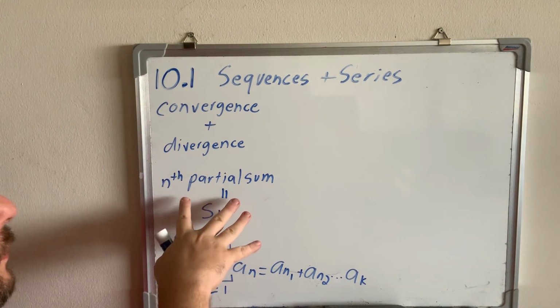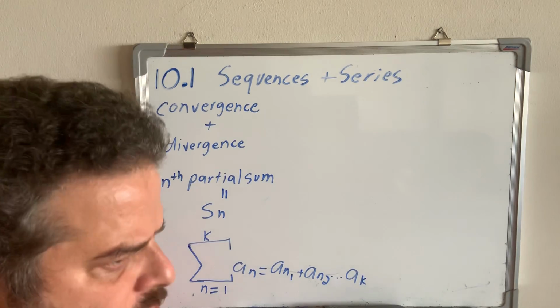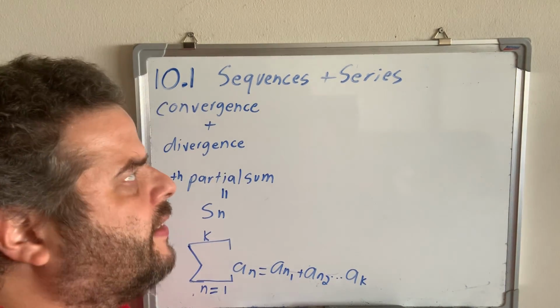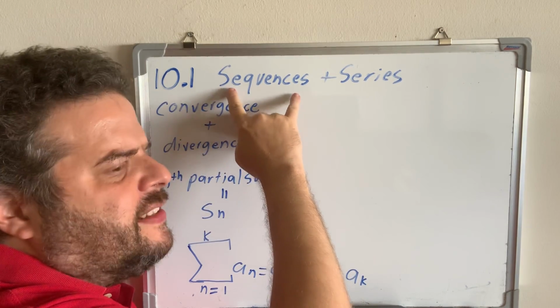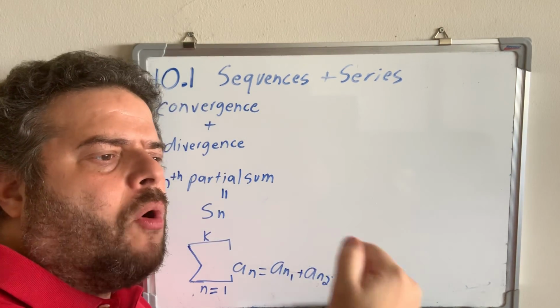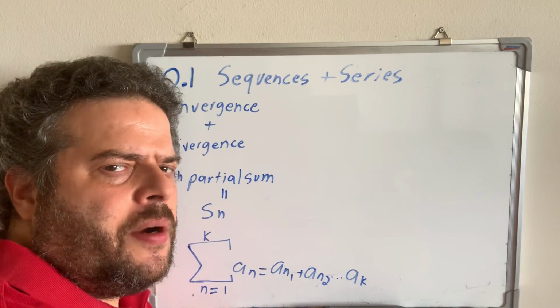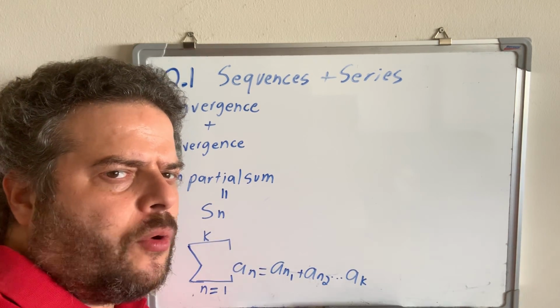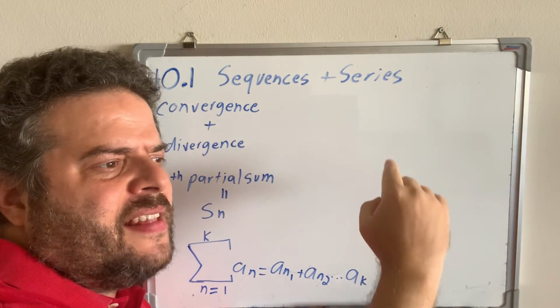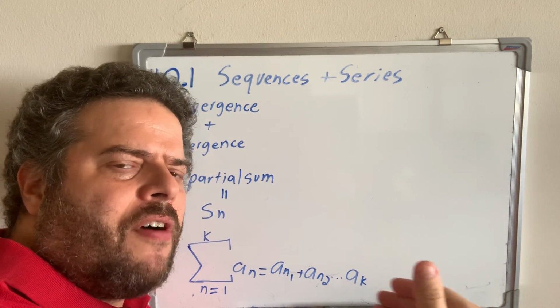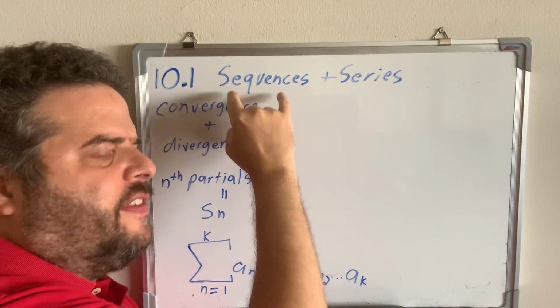The next one is the partial sum. Now here's where we're getting into what a series actually is. If you remember yesterday, a sequence is an ordered list of numbers. That's what we call a sequence, an ordered list of numbers. A series is the actual summation of all the values within the sequence.